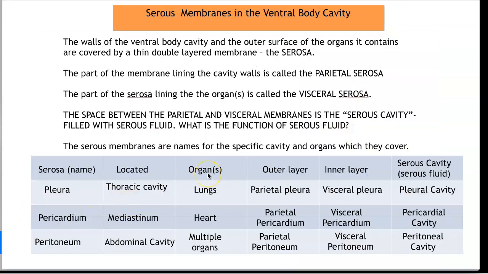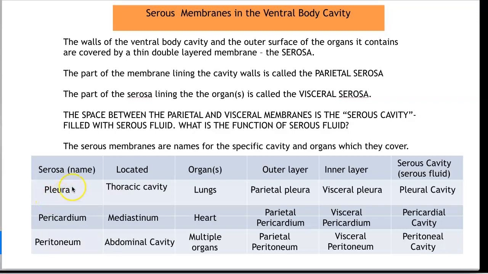So this is just a recap. Make sure you understand all these. It's not that hard. Just get it, wrap your head around it, and say these words out loud. So if I give you the name, the serosa that's surrounding the lung, you would call it what?